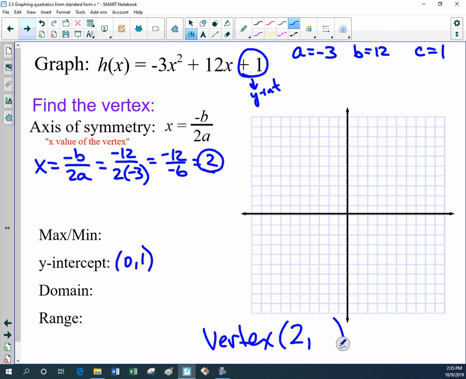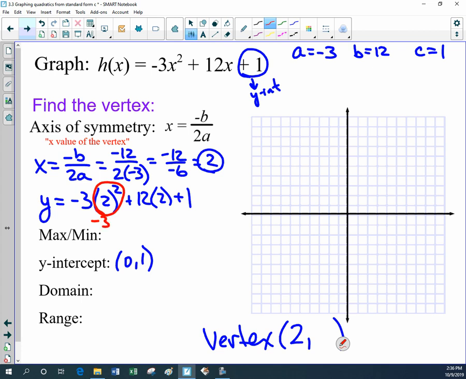And now we've got to plug that in to the original equation to find y. So we're going to have negative 3 times 2 squared plus 12 times 2 plus 1. Okay, and when we evaluate this, again, exponents first, so 2 squared is 4.